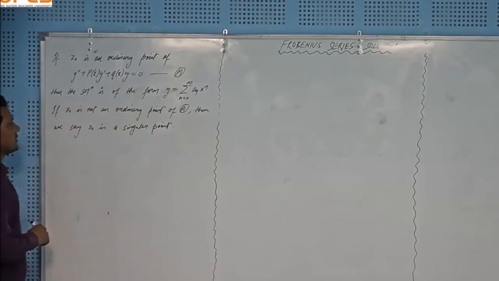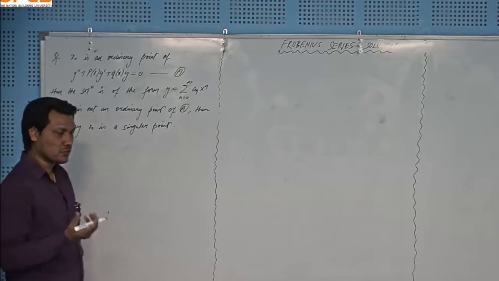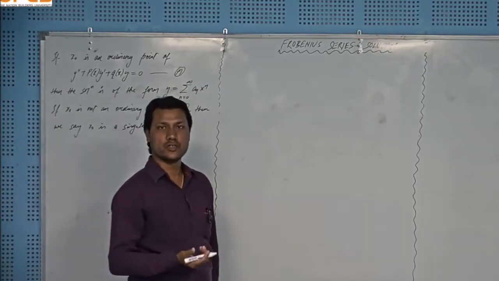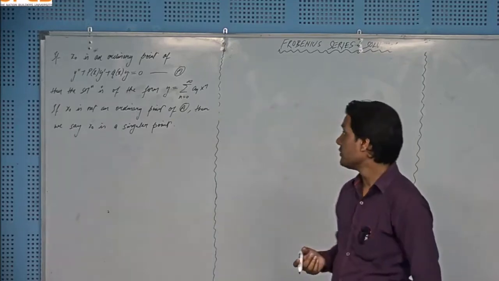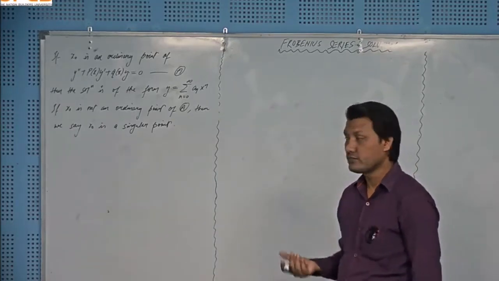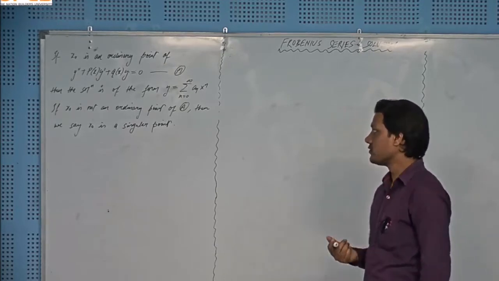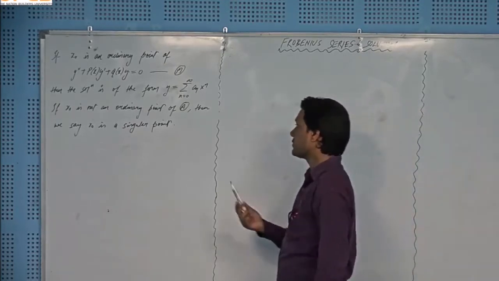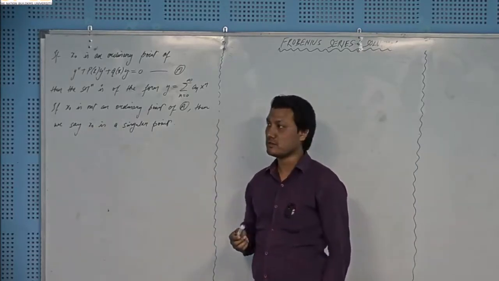right? So roughly you can say that a singular point is a point where the function blows up to infinity, like 1 over x. If you put x equal to 0, it will go to infinity, right? So functions of this form will belong to this category, right? For such functions, x naught will be a singular point.